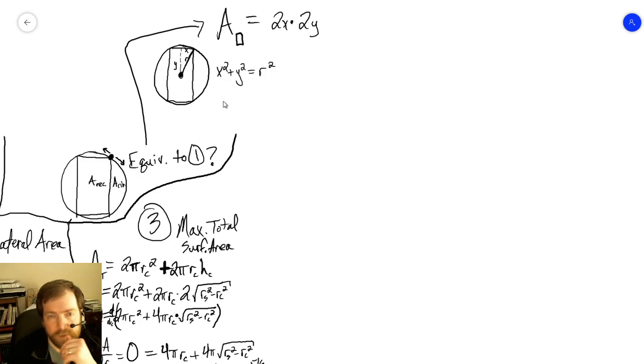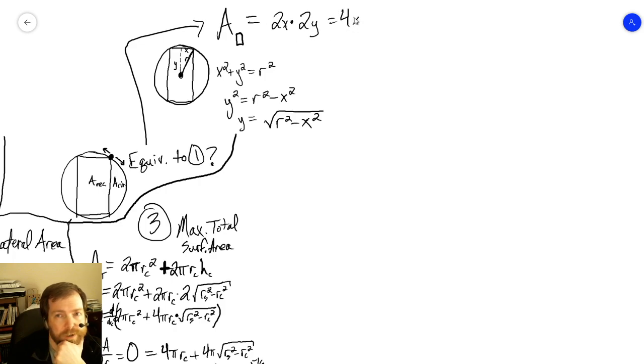So y squared is going to be equal to r squared minus x squared, or y equals the square root of r squared minus x squared. And again, only positive in this particular case. So we want all positive values. Alright, so then this is going to be 4xy, or 4x times the square root of r squared minus x squared.